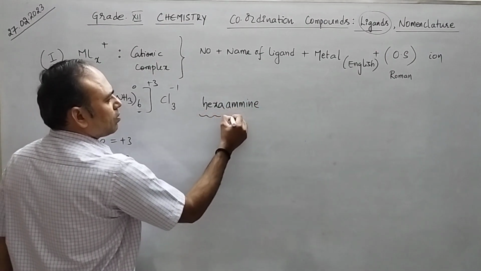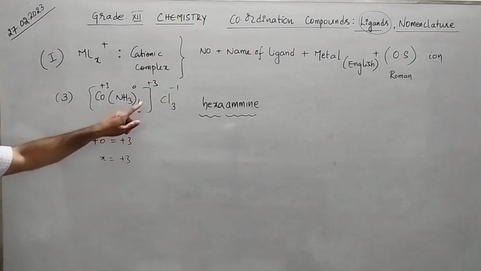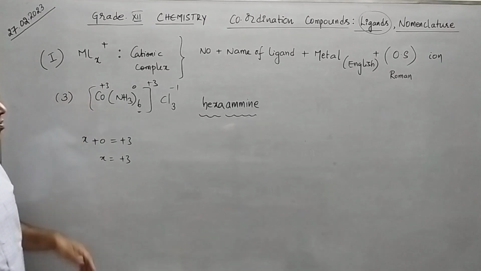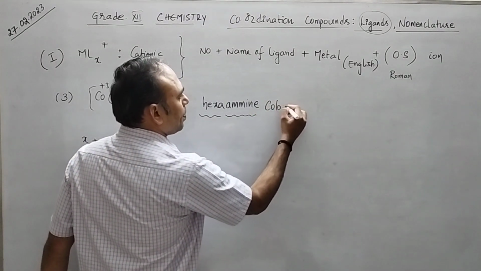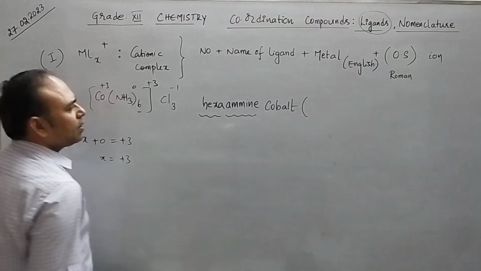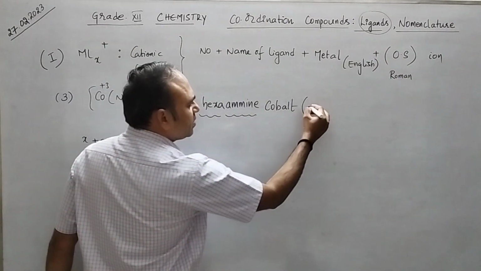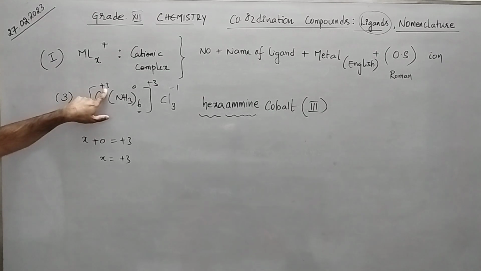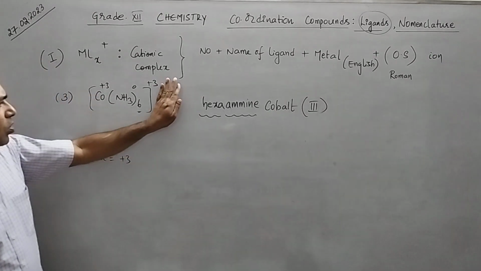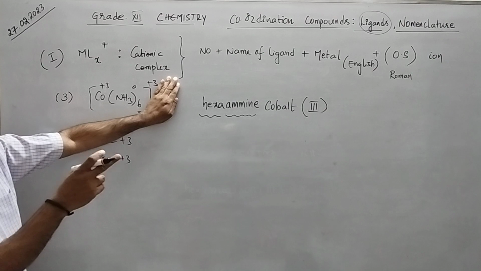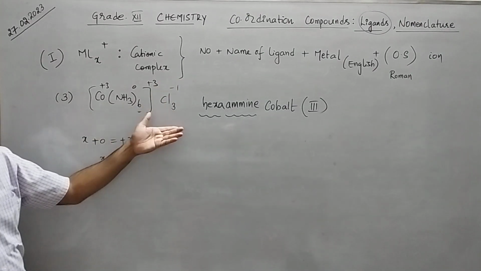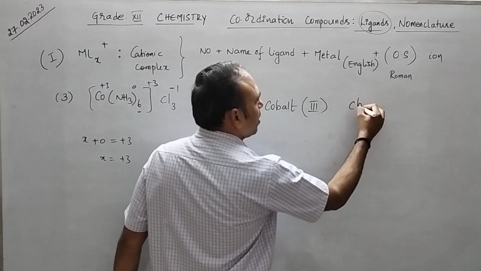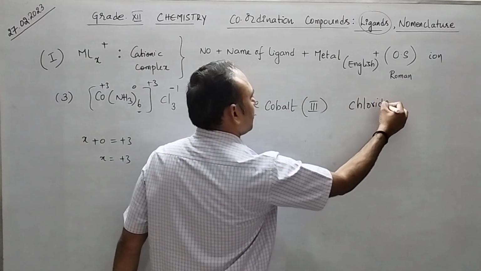NH3 is written as ammine. So number, name of the ligand. Now because it is a cationic complex, the metal should be written in English. Therefore, Co, cobalt. After that, as the oxidation state we have calculated, in Roman number, cobalt has oxidation state plus 3. See, if at all they give only the cationic complex, we will write ion, but here it is completed with the negative charge, therefore leave some space and write chloride.